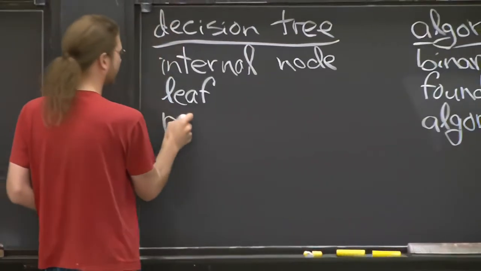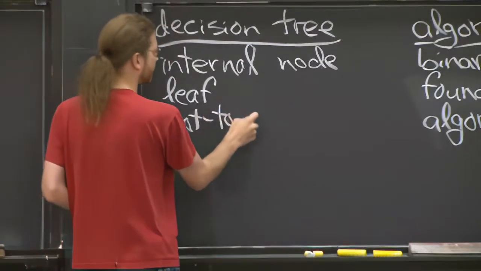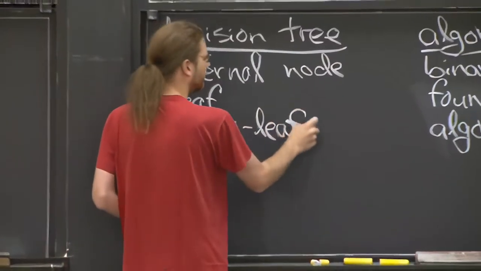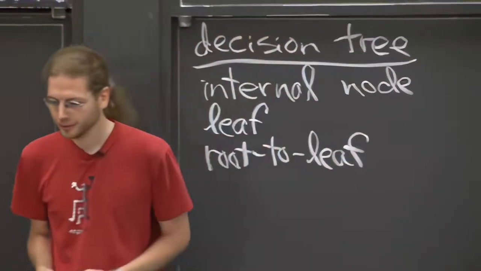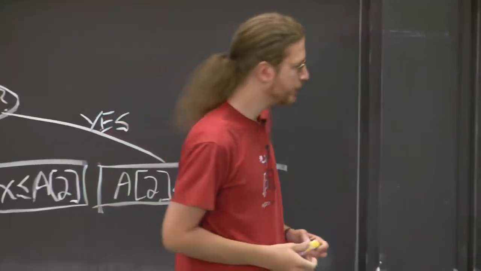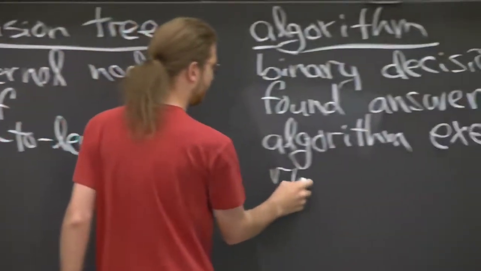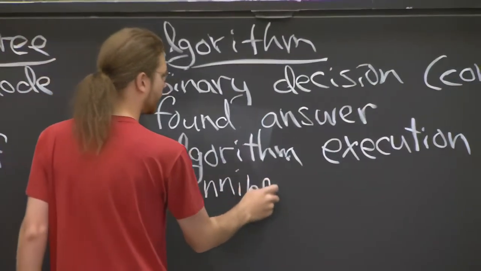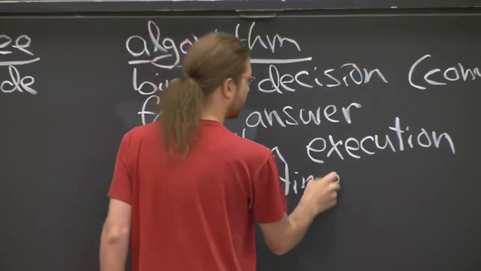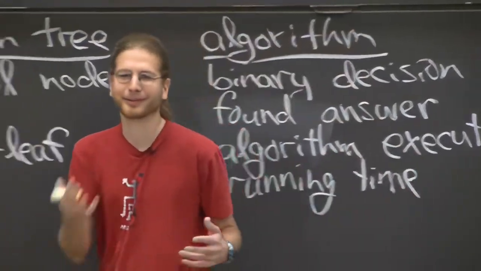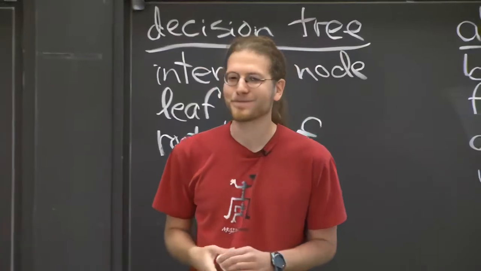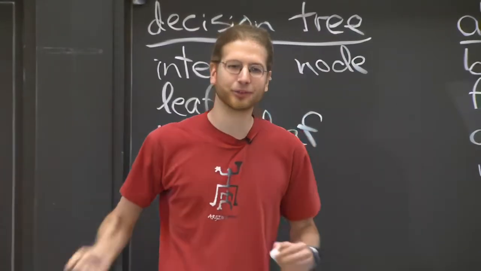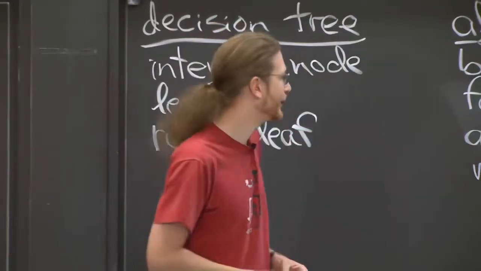This is what I normally call a root to leaf path, technically a downward root to leaf path. Good. How about the running time of that execution? How long did it take? Log n, in binary search, but in general? The length of that path, yeah.